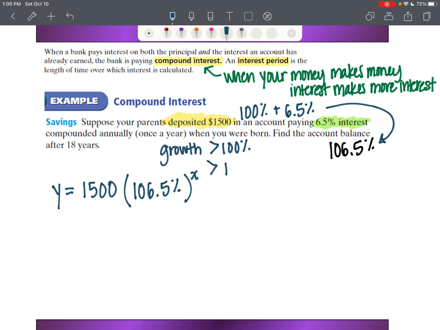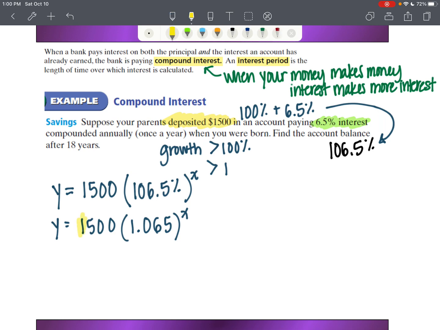Now that 106.5% is 1.065 raised to the x power. So we have to make that percentage a decimal. This right here is our equation.